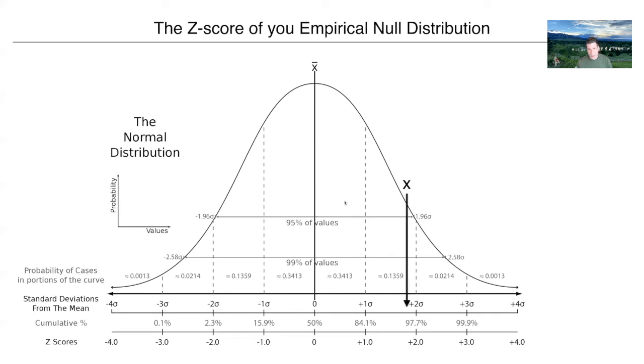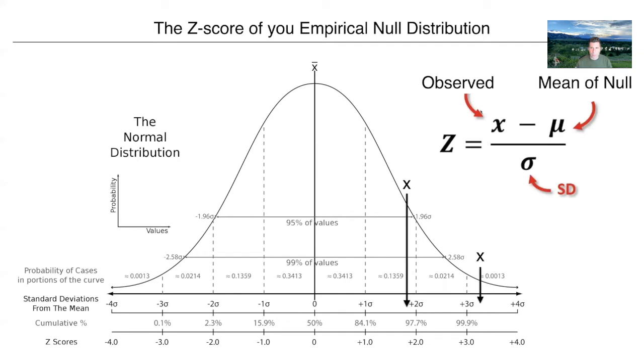And we have an observation here, where we say, this is what we observed versus our expected overlap frequency in our permutations. What we need for this equation is essentially the observed, the mean of our null distribution, and then the standard deviation, or how wide this curve is.